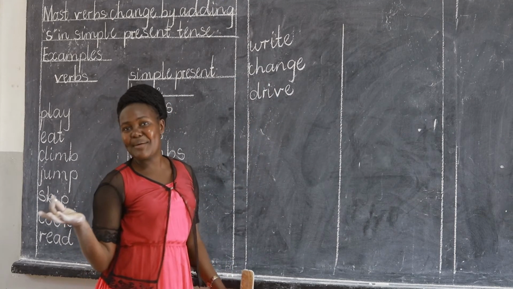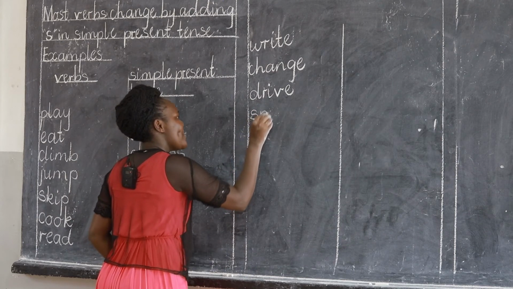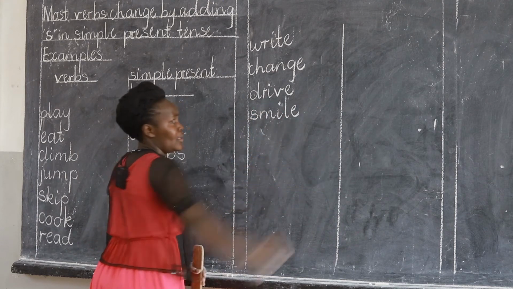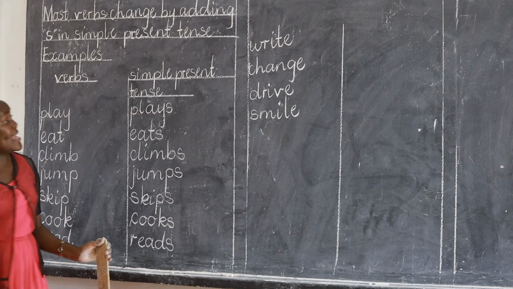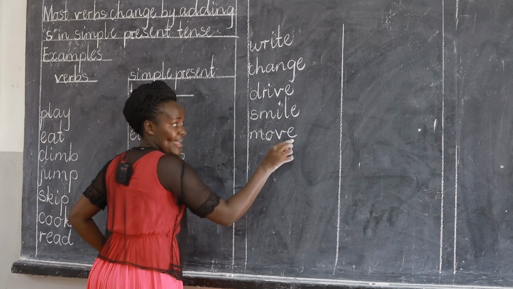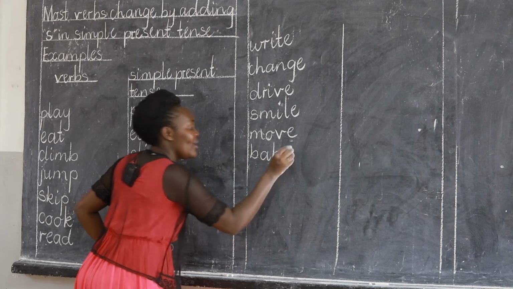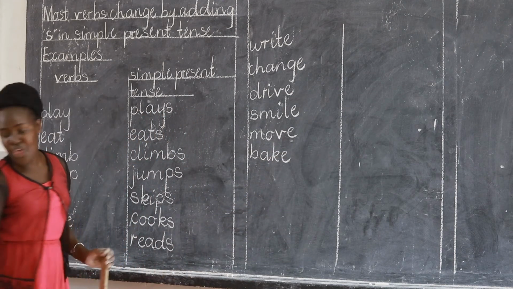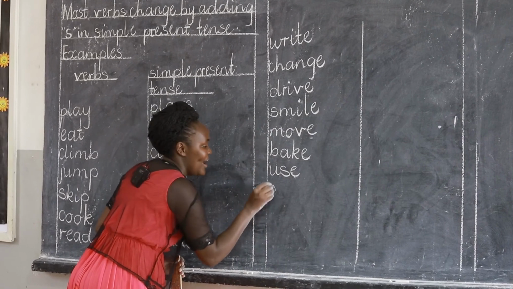What else? What am I doing? Smiling. So smile is the best form. We have smile. Give me more. There are other verbs that end in E. We have move. Ends with letter E. We have bake. We have use. We have dance.